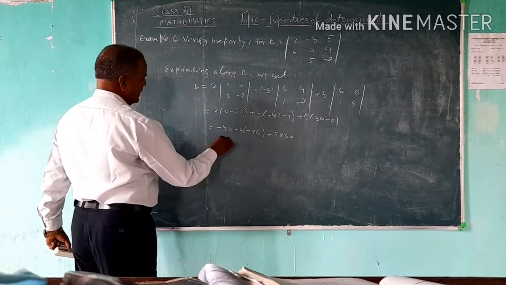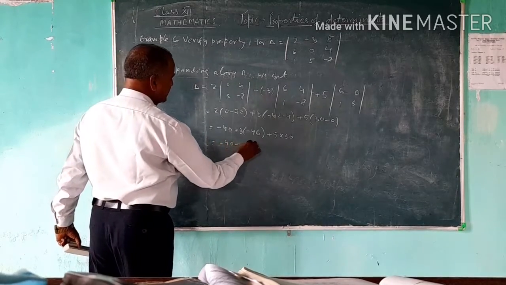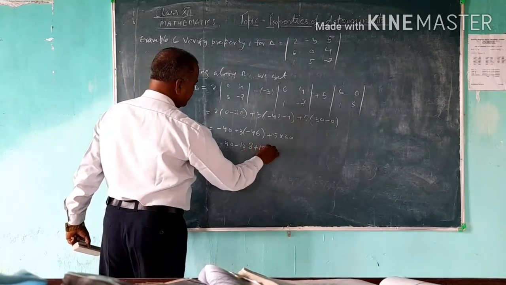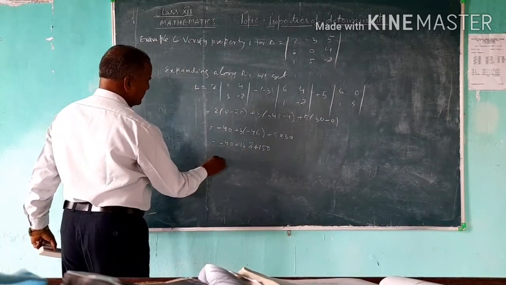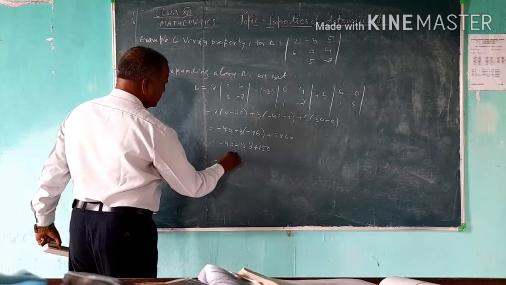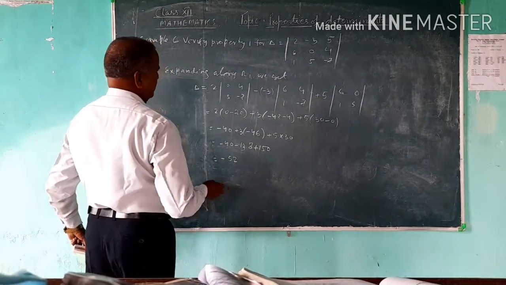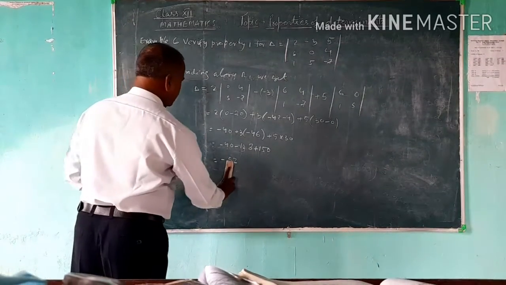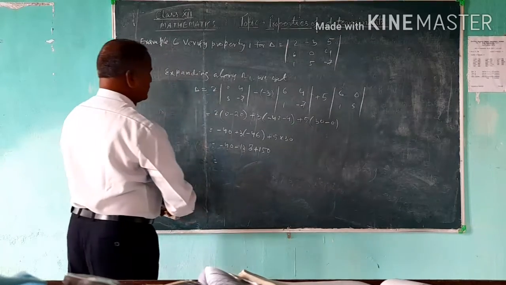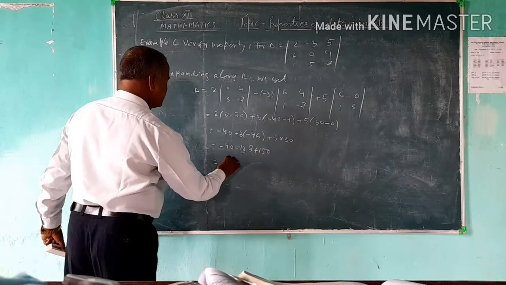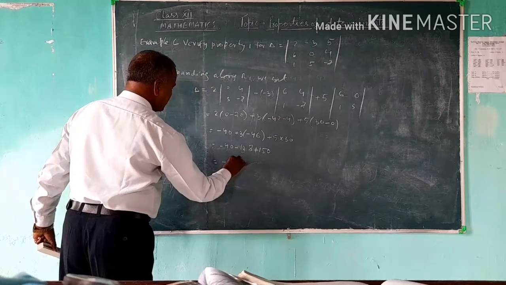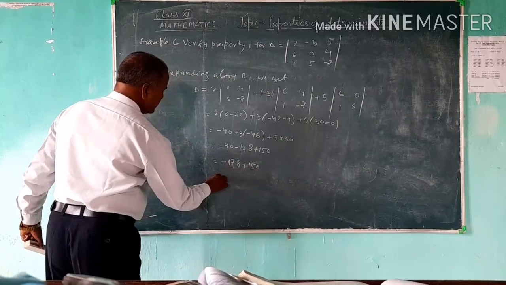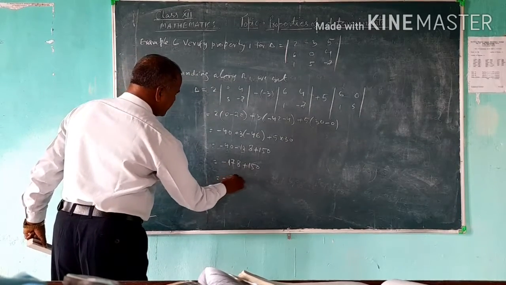So this is equal to minus 40 minus 138 plus 150. This is equal to minus 178 plus 150, and this is equal to minus 28.